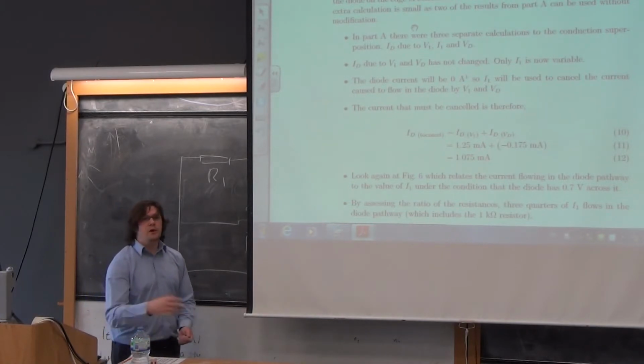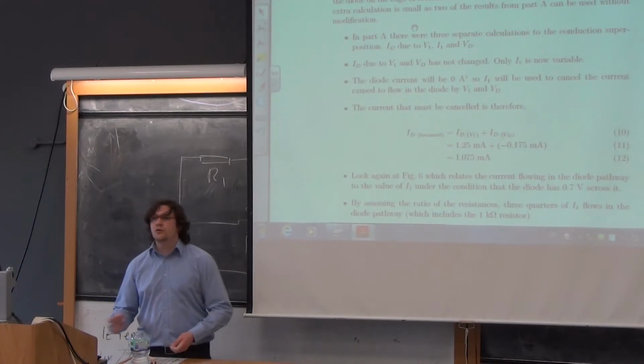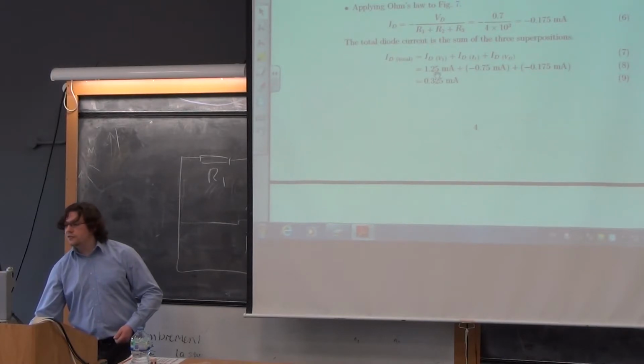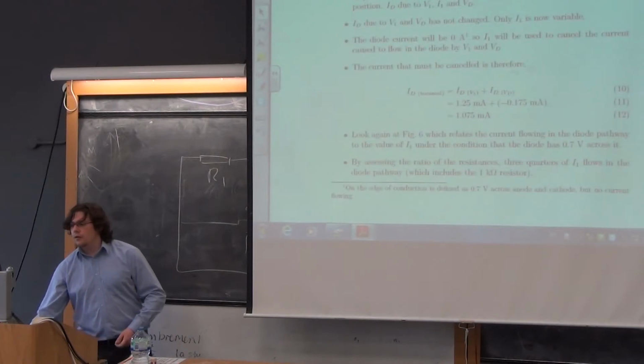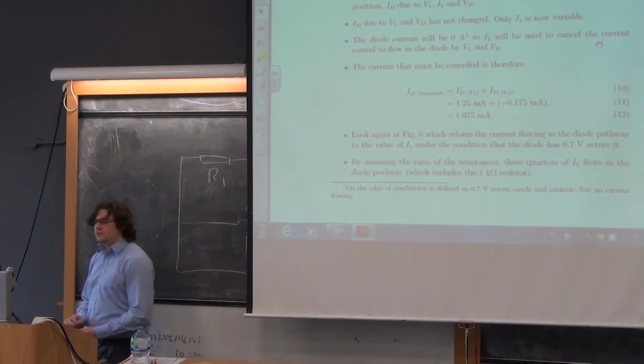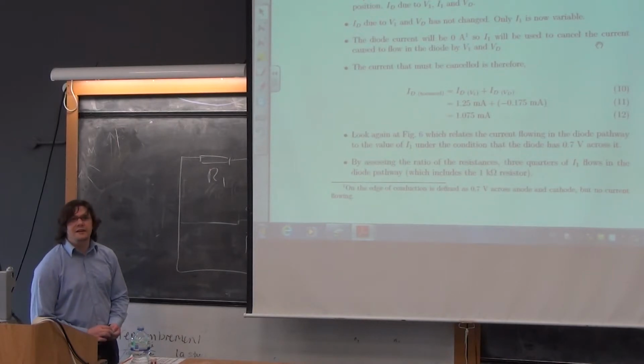So I've got 3 partial circuits, or 3 superpositions, 2 of which I'm not in control of, and they will cause a current to flow. And that current will be 1.25 milliamps plus minus 0.175 milliamps, because this is ID due to V1, and this is ID due to VD. This is the one that I'm now in control of. So the current that has to cancel is ID V1 plus ID VD.